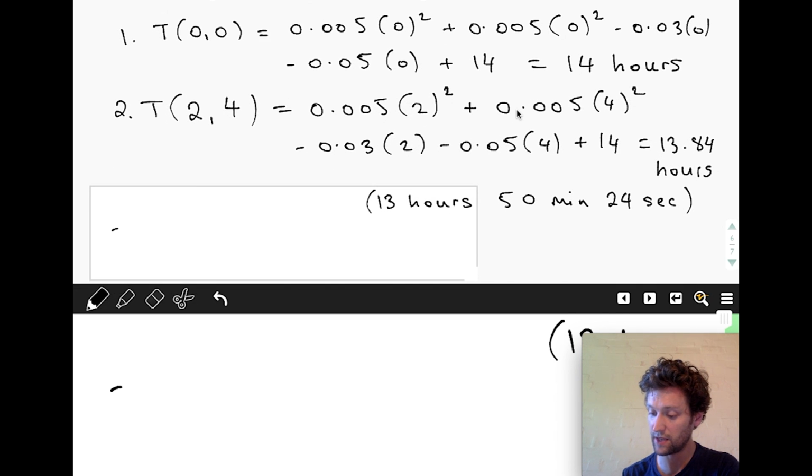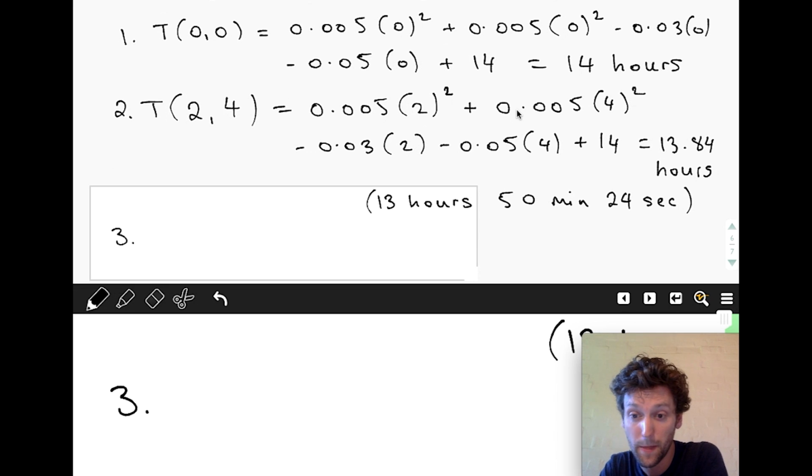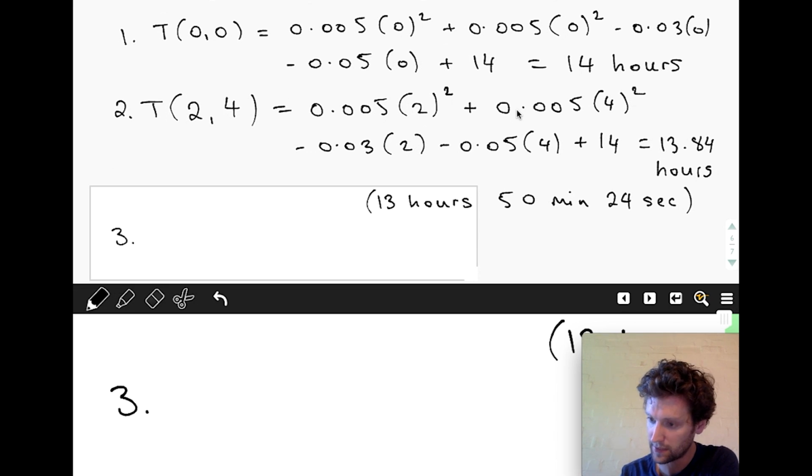So how close is that to the ideal mix of antifreeze and naphtha? Well, to do that, we need to find the minimum value of T. So let's figure out what that is.